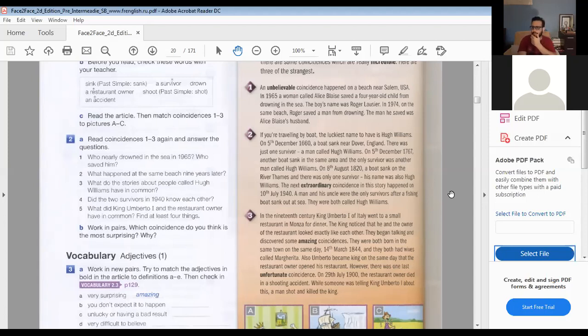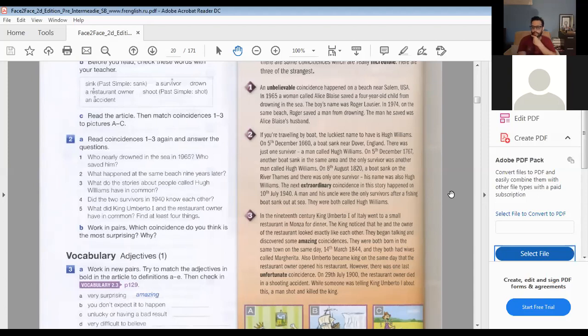Okay, it's a lucky name. Why is it a lucky name? What happened to all the Hugh Williamses? What happened to them in the story?